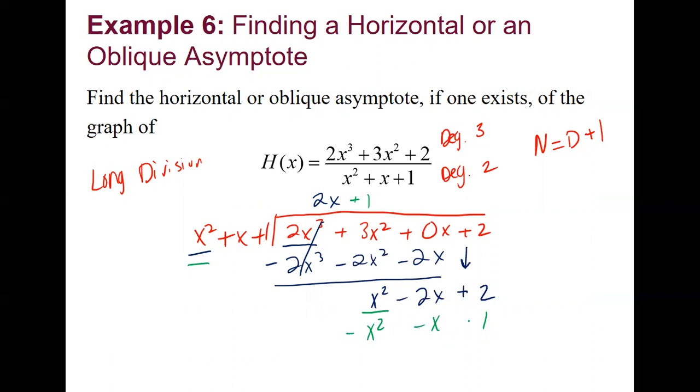Then we subtract, and we're left with negative 3x plus 1. Your oblique asymptote is this. So our oblique asymptote is y equals 2x plus 1.